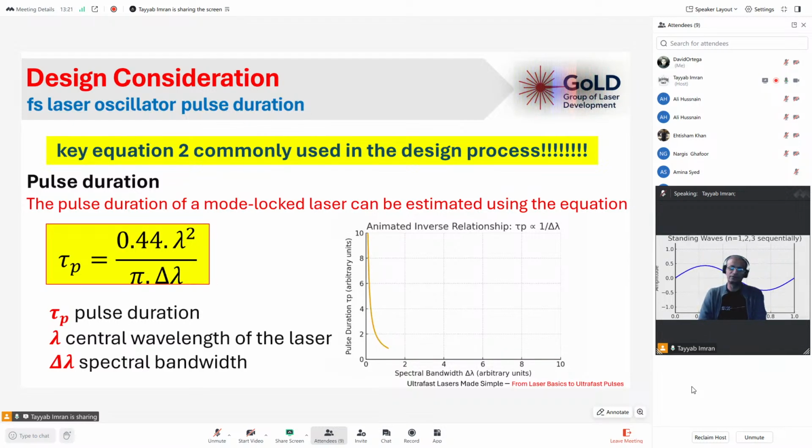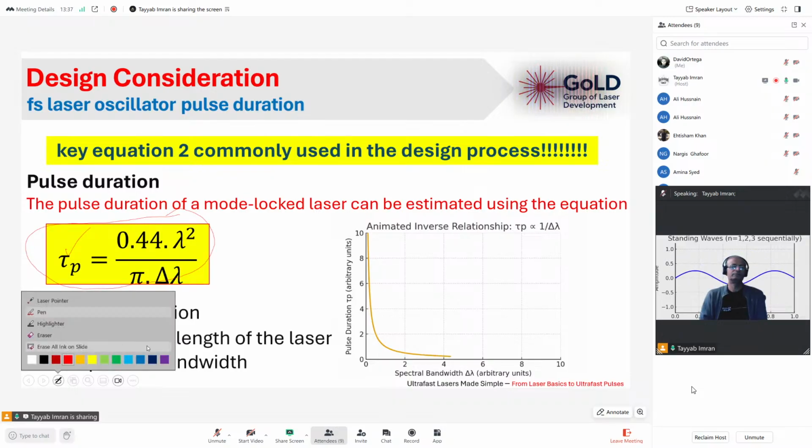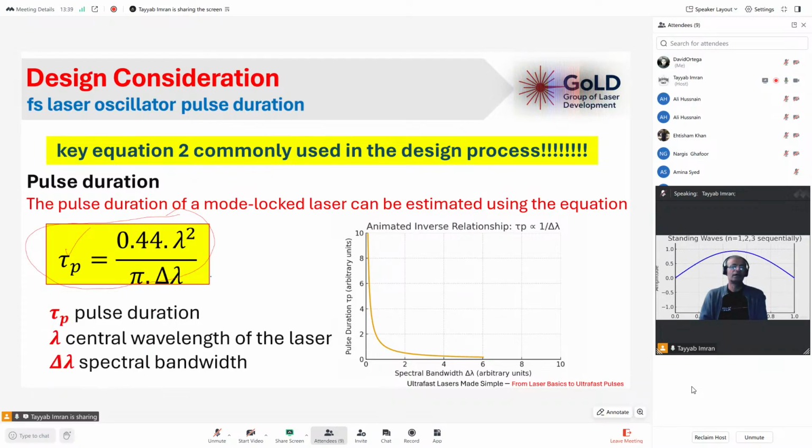So in this equation, we have the pulse duration, which is the pulse duration of the femtosecond or whatever pulse is generated.